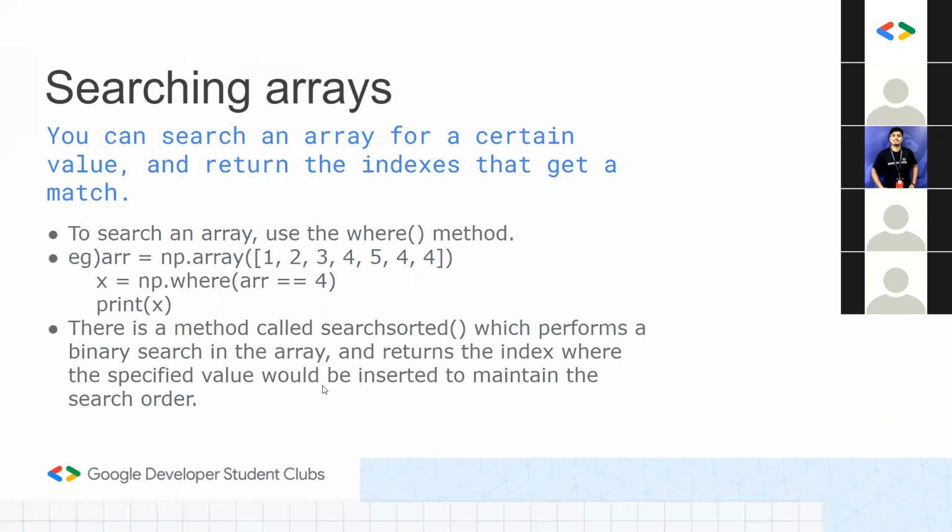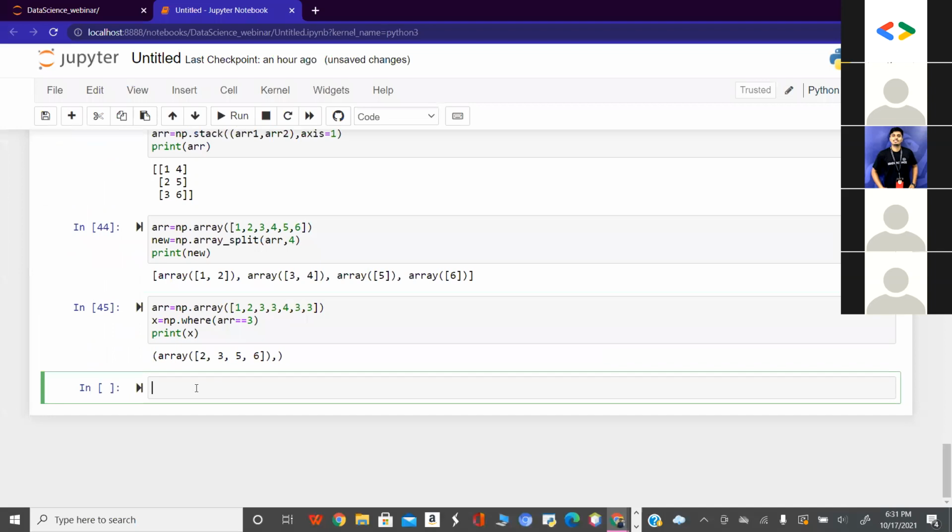And there's also a method called searchsorted, which performs a binary search in the array and returns the index where the specified value would be inserted to maintain the search order. So let's understand what this exactly means. Let's consider one more example.